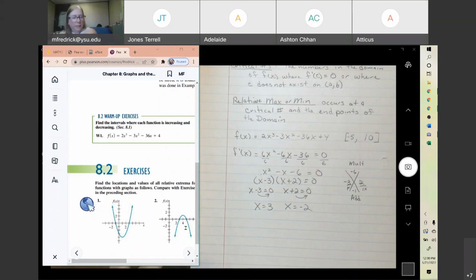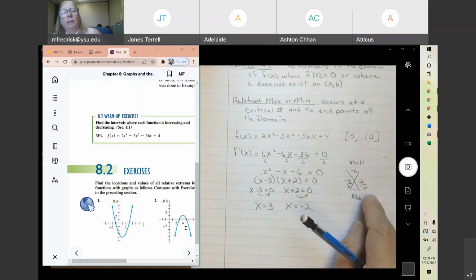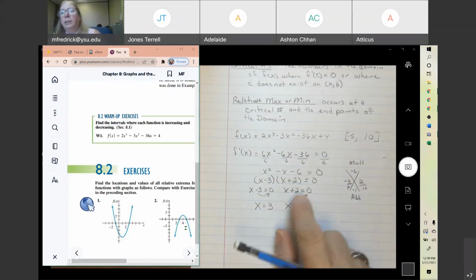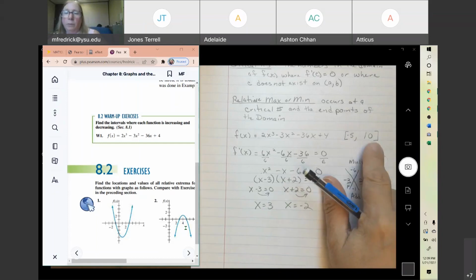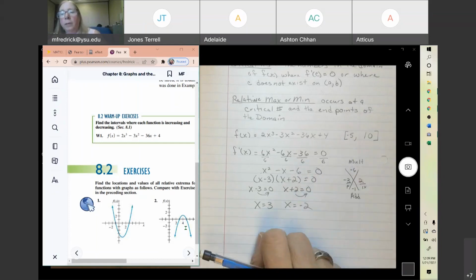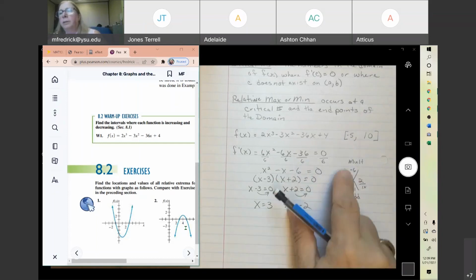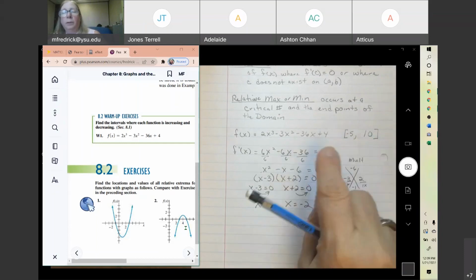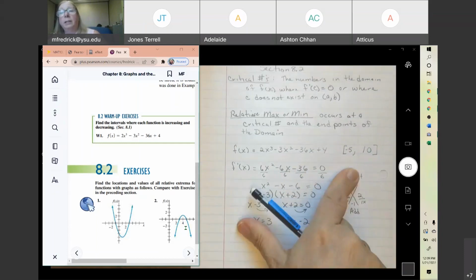Now, the next, I think it's the next section, but the critical numbers need to be on your interval. A lot of this chapter doesn't have an interval, but for the graph part, I wanted you to see it.